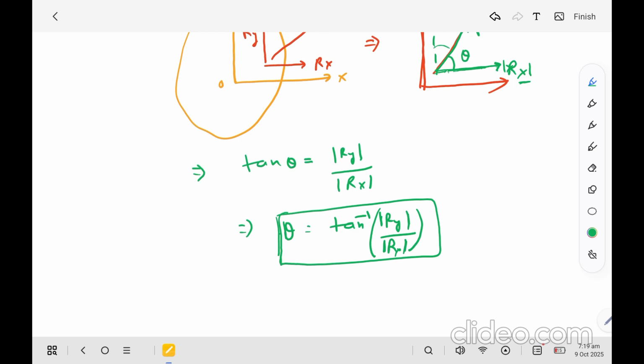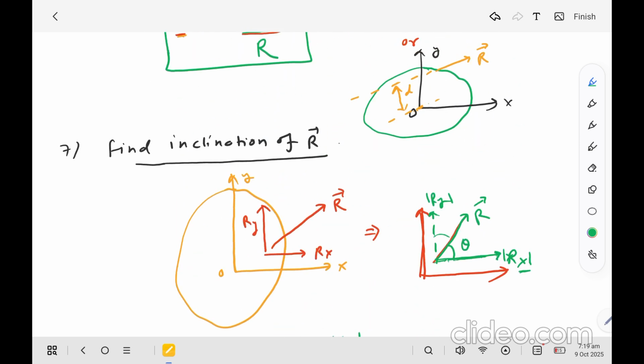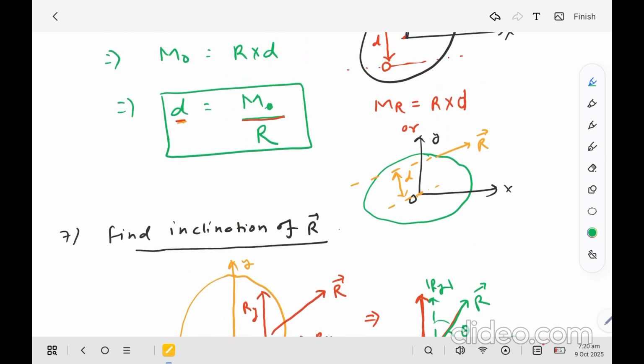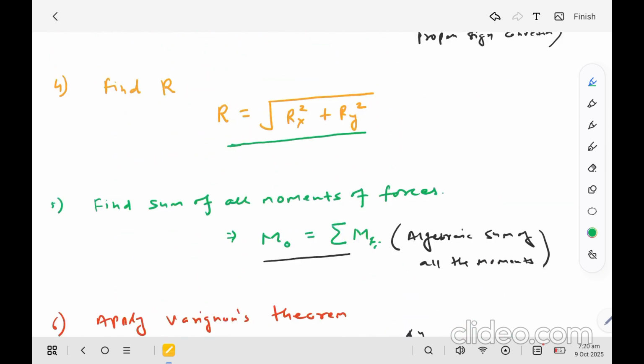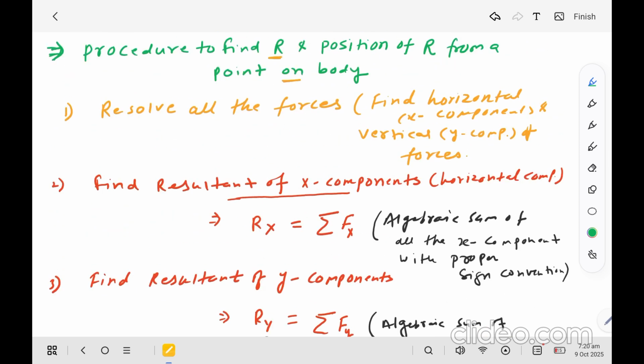So this is a way to solve the force problem. Let me just summarize in one minute. First, we look at the problem, and since it is a general force system, forces will definitely act in different directions. So the first task is to resolve all these forces, meaning we find the x component and y component of all these forces.